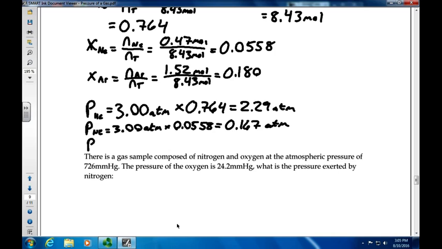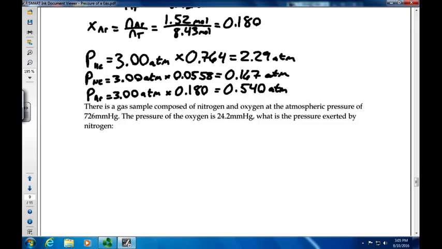And finally, our pressure for argon is equal to the total pressure, 3.00 atmospheres, times 0.180, the mole fraction for argon, and that yields 0.540 atmospheres. So those are the respective partial pressures for each species in the gas.